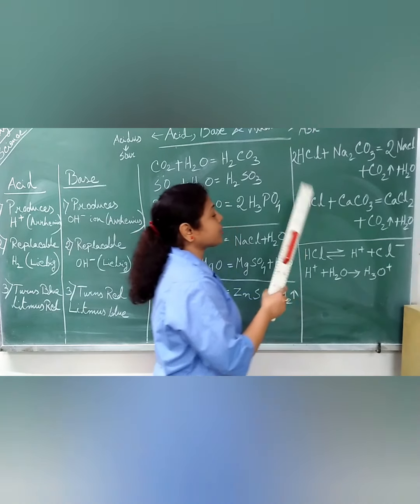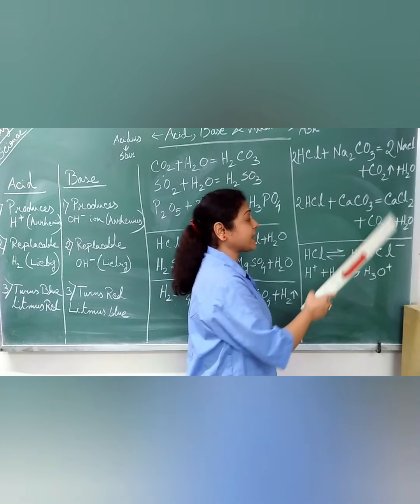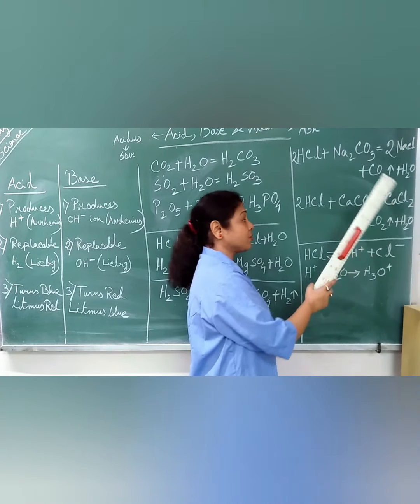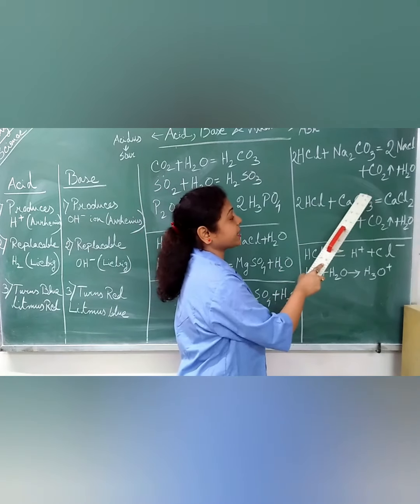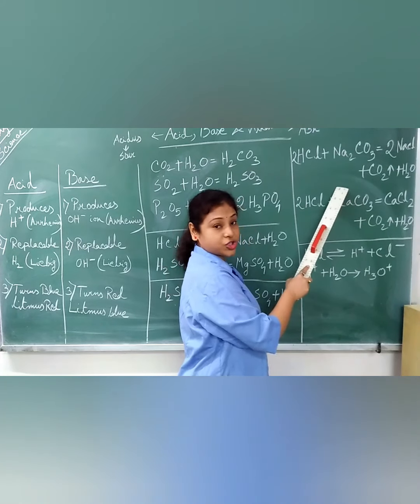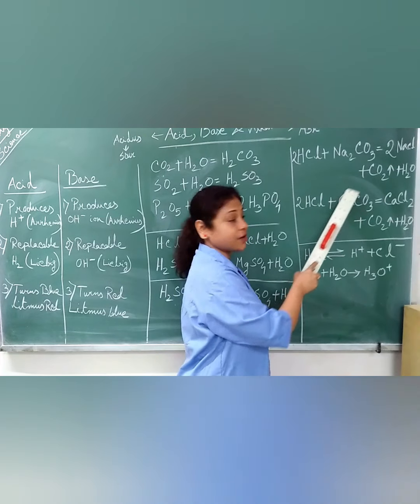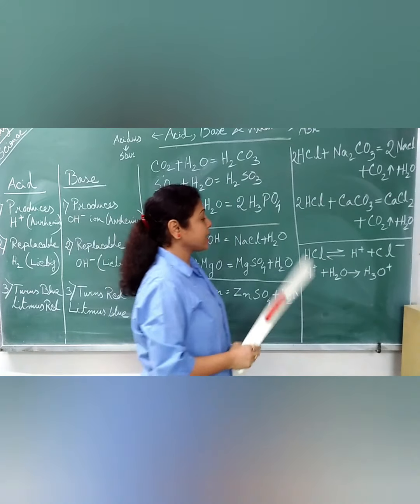Now hydrochloric acid reacts with calcium carbonate to form calcium chloride, carbon dioxide and water. This carbonate radical is converting into CO2, and the other portion of the salt will convert into calcium chloride, that means another salt.